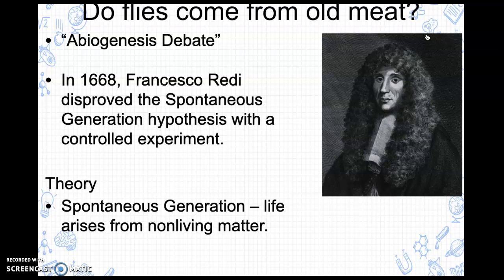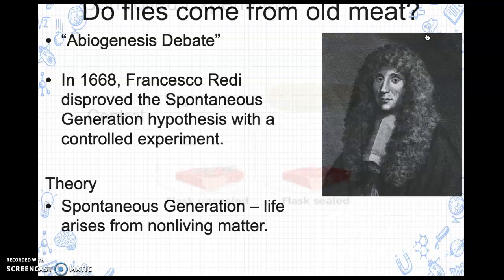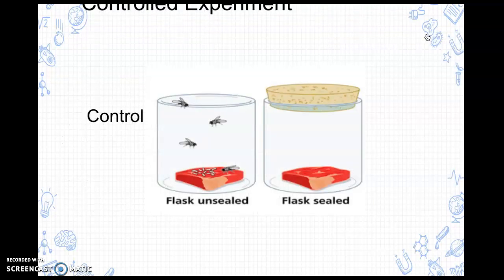If you have nothing, life will come from that. The reason they thought this was if you left meat out, and obviously at the time they didn't have refrigerators, flies would attack the meat, and you would get maggots that would start to crawl out of it. It's kind of a gross thought, but that's just what happens.